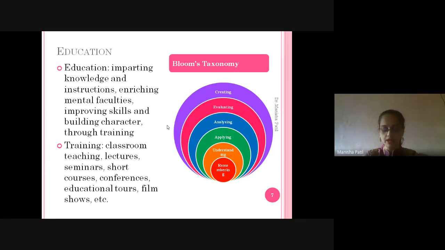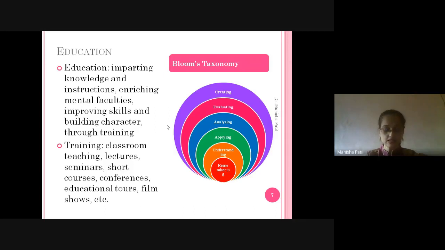For example, I have told you the 7 C's of communication. Which are those? First step, you have to remember: clear, concise, courteous. I remember only 3. I have forgotten the rest 4. So first I have to remember all the 7 C's of communication. So that is the first circle, the smallest circle, remembering.